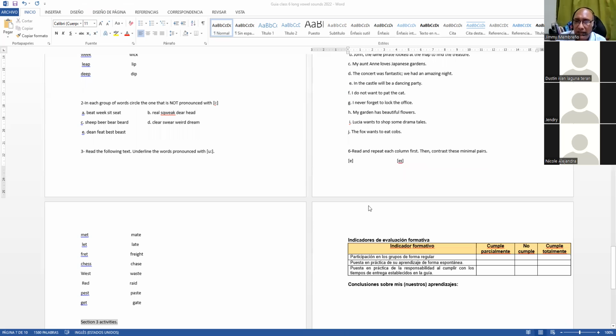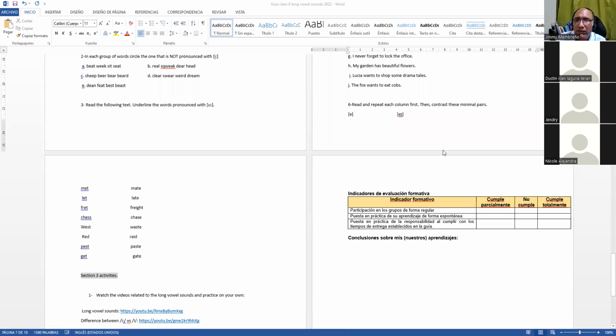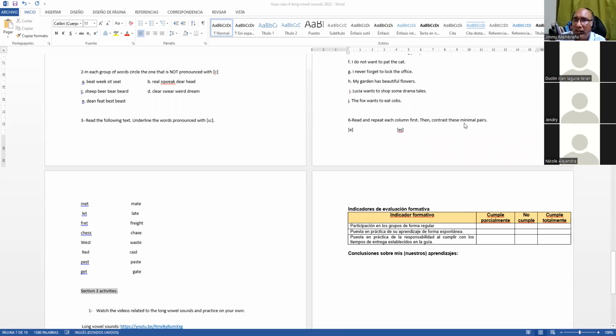And the last one is to read and repeat each column first, then contrast these minimal pairs. So here I'm going to move this so you don't get confused.